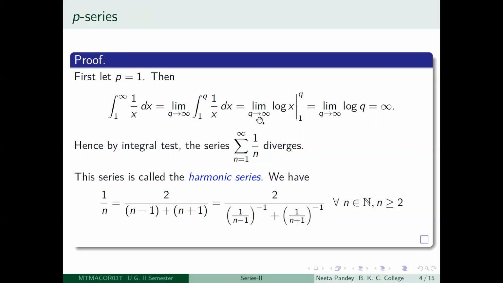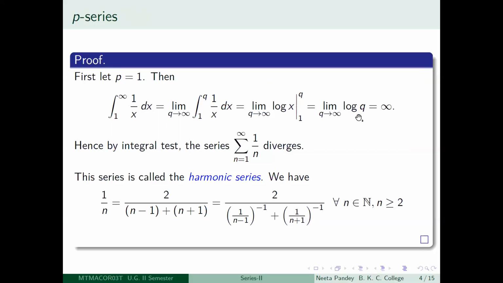So you get the limit as q tends to infinity of log x from 1 to q, which is log q minus log 1. That is the value of the integral from 1 to q of 1 by x dx, and you have to compute the limit of that as q tends to infinity. But log 1 is 0, so you only get log q.